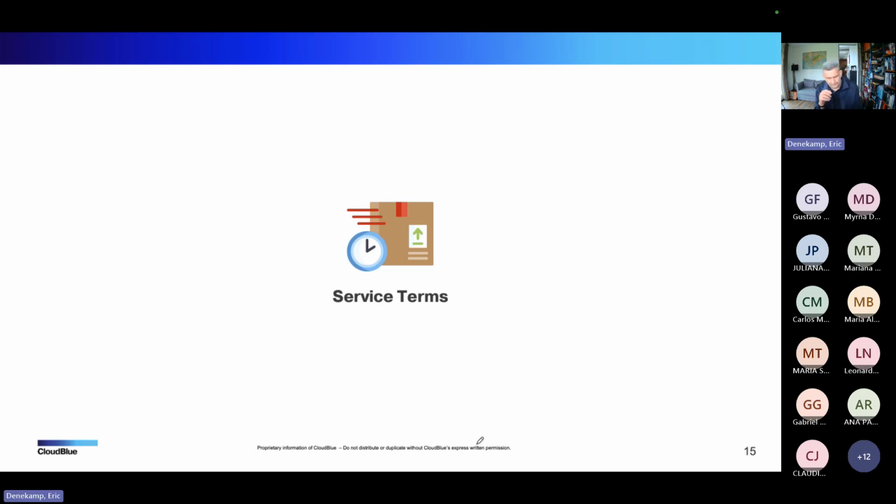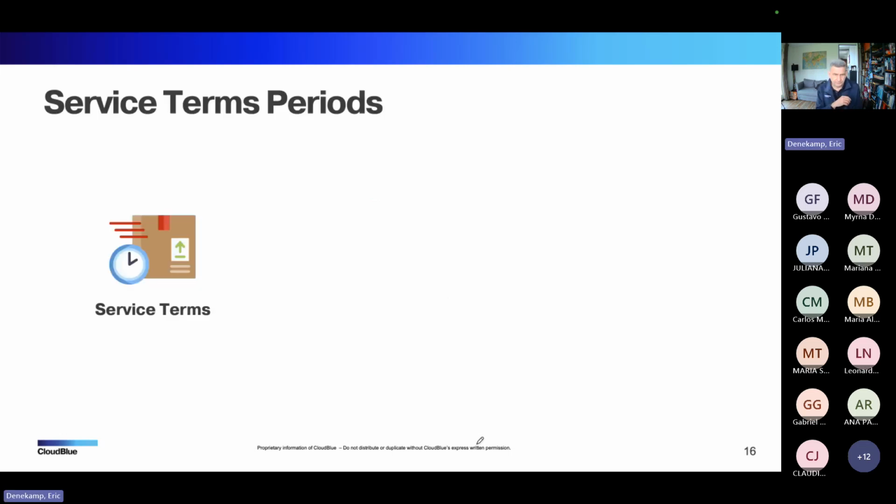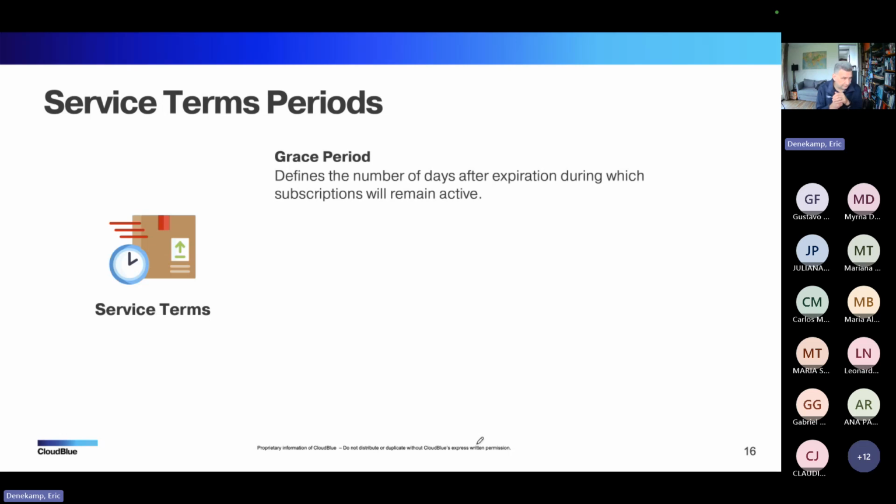What does that mean? Well, I can set up 2 periods and a checkbox about what happens when the subscription reaches his end date and it does not have a renewal order at that point. So basically the customer does not want to renew it or forgot to renew it. What happens at that point? Well, we have, like I said, 2 periods to define. The first one is the grace period.